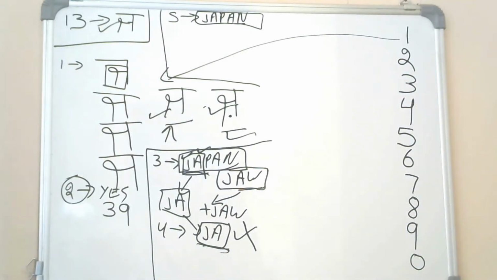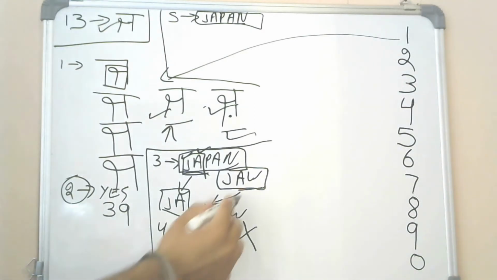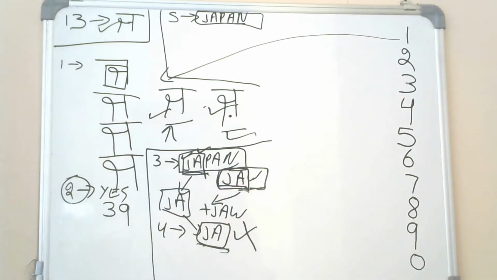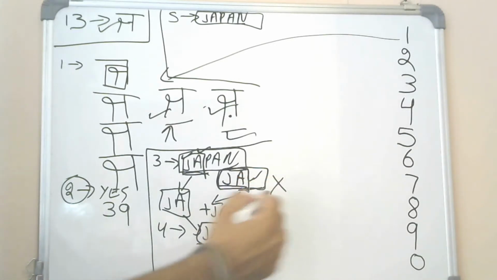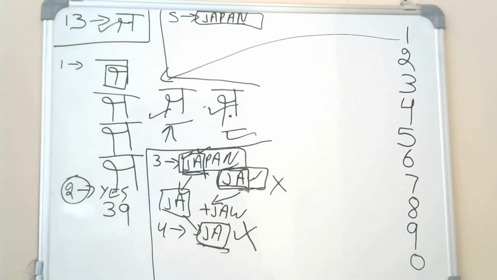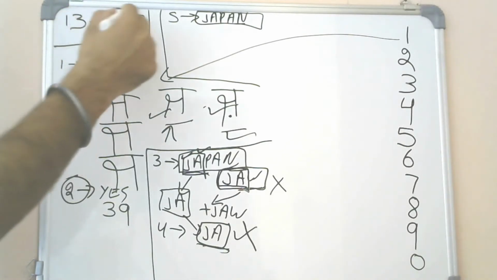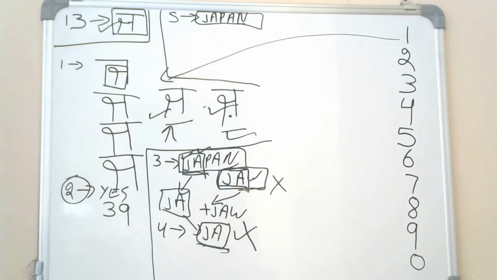But if I'm talking about Ja, I'm having J and an A. Can I have the example of Ja? No, because to pronounce it as Ja, we have to have a symbol attached to this letter to change the sound of this letter, and we do not want to do it right now.